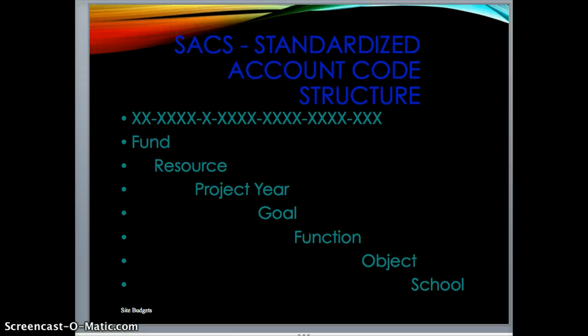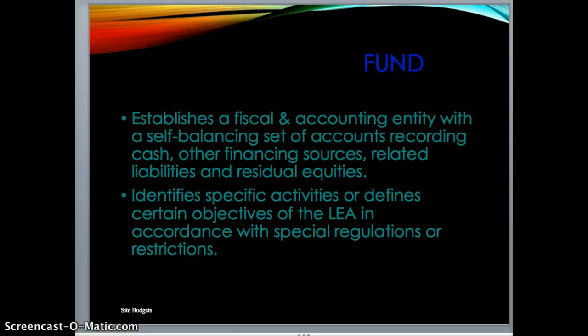So let's walk through each individual item so we can talk a little bit about what they are. When you're looking at a fund, if you think in terms of a company or even maybe a project, for a school district, a fund is a set of self-balancing items and accounts that all have to do with specific activities. So for example, the operation of schools and the instructional program and all the things that that takes generally come under the unrestricted operating budget or Fund 1.